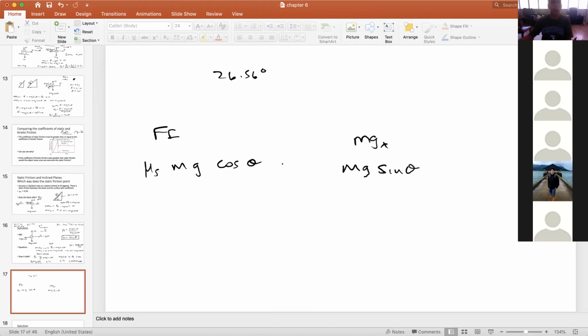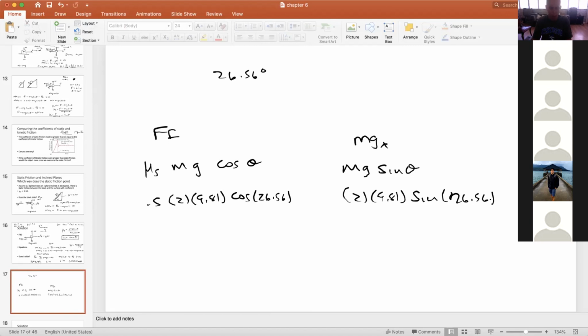So 0.5 times 2 times 9.81 cos of 26.56, and 2 times 9.81 sine of 26.56. So 0.5 times 2 is 1. 9.81 times cosine of 26.56 is 8.77 newtons, and 2 times 9.81 times sine of 26.56 is 8.77. Okay.